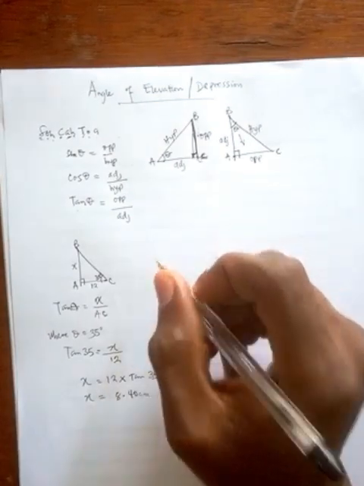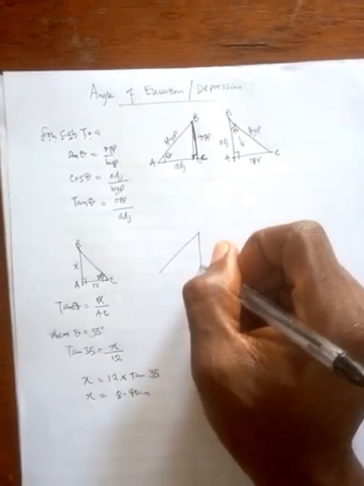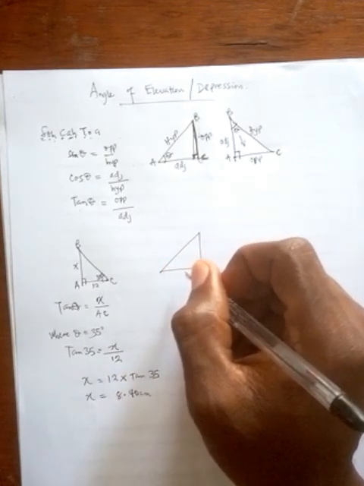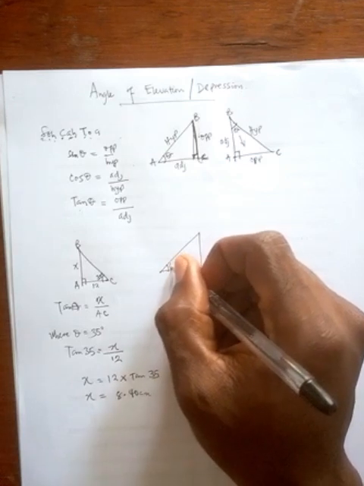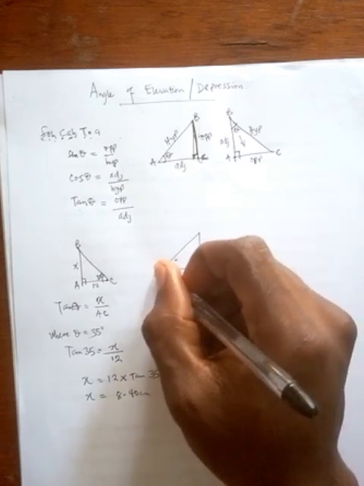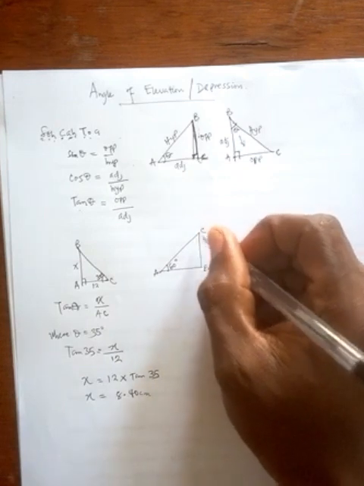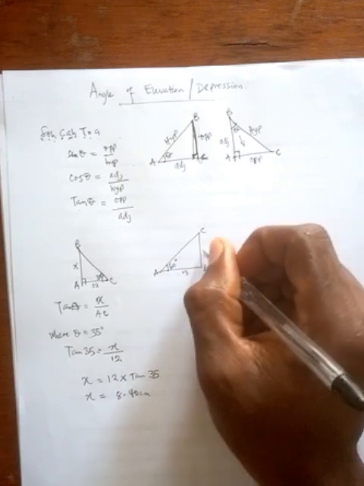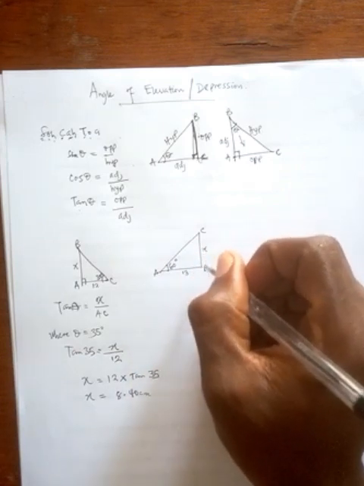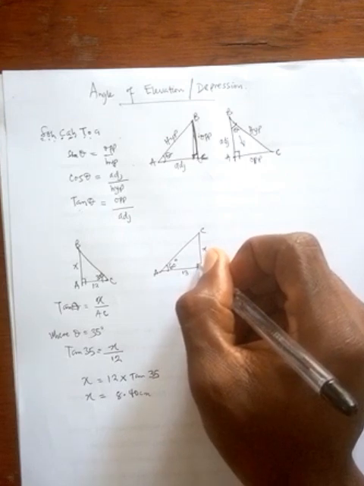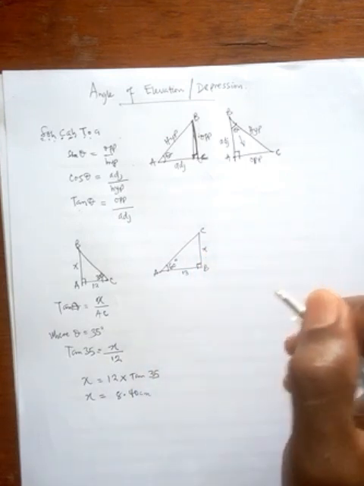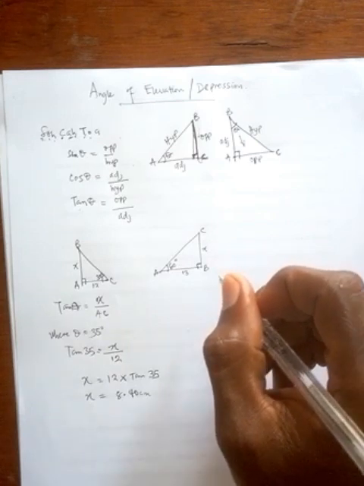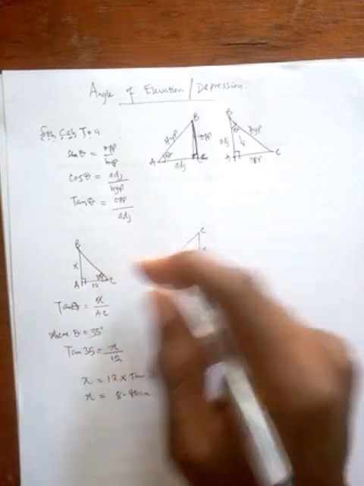Now let's quickly look at another example. So we have, let's call this 60 degrees, ABC. Let's call this 13, and let's call this X. These two triangles are similar.